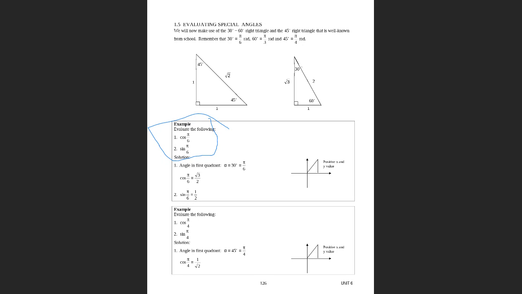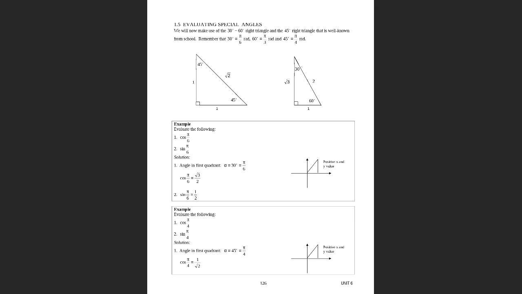The reference angle will always give us a special angle so that you can easily find the value. For instance, here they are saying cos pi over 6.